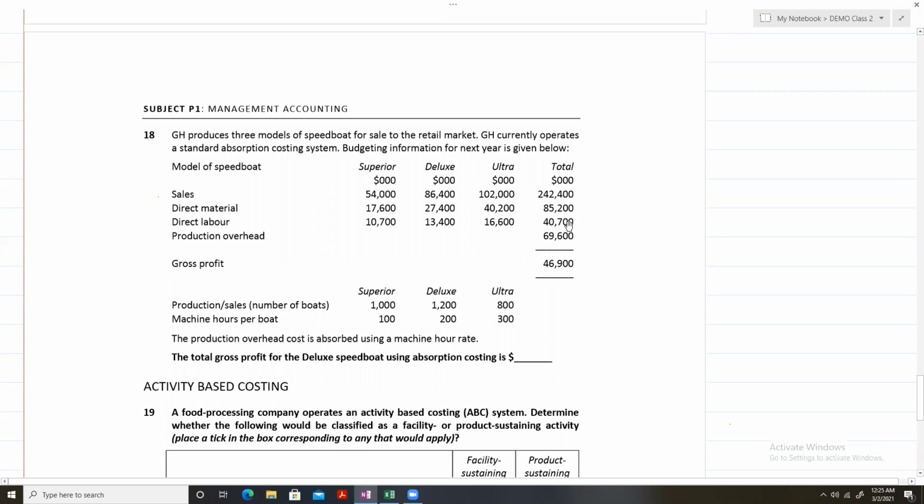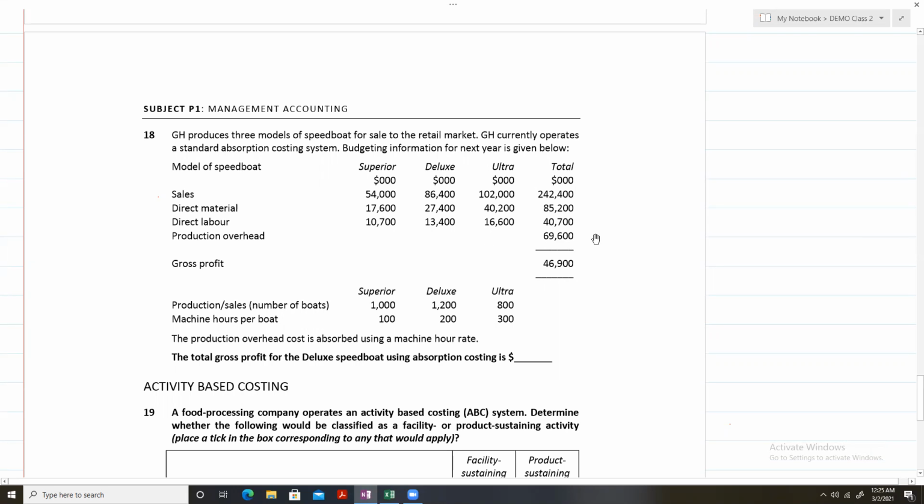So just read this question once. It is not a very difficult question. All you need to do is to find out how much of the production overhead will be absorbed by the deluxe model of the speedboat.